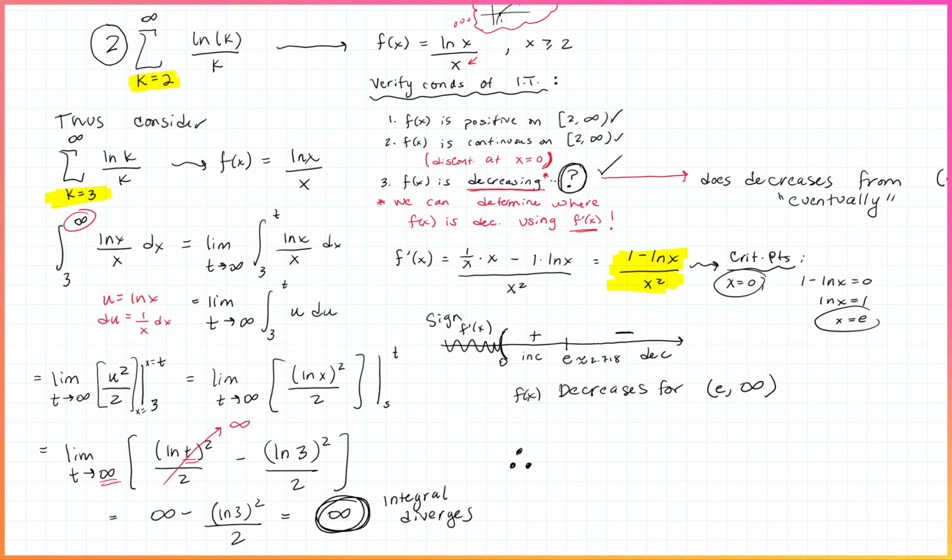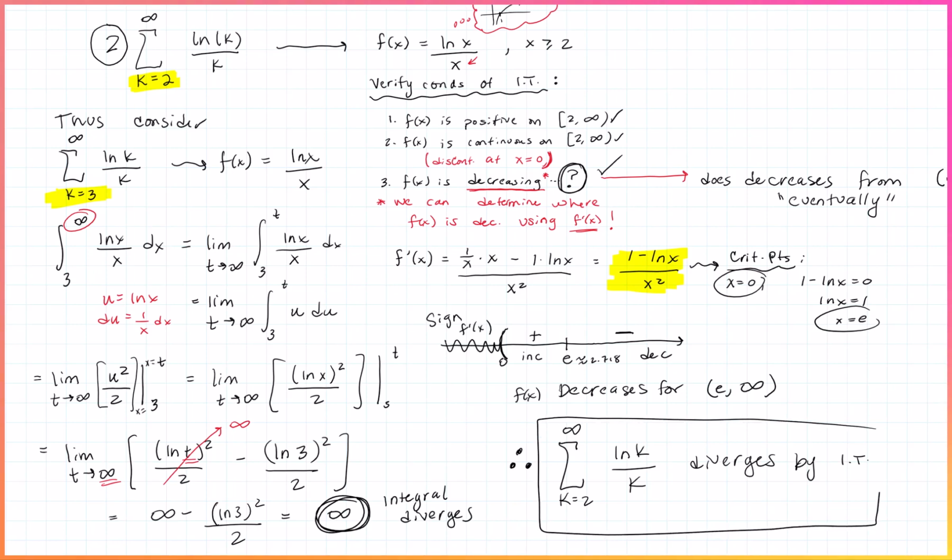We're just adding in one more term, and that one finite term will not affect the convergence or divergence. So therefore, the series from k equals 2 to infinity of the natural log of k over k diverges by the integral test. So the series is diverging.